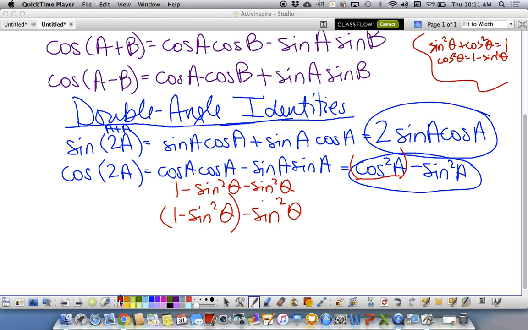When there are things inside and outside the parentheses that you can combine, you definitely want to take things out of the parentheses. Do you agree there's something inside the parentheses and something outside the parentheses that we can combine? Yes. So 1 minus 2 sine squared A.